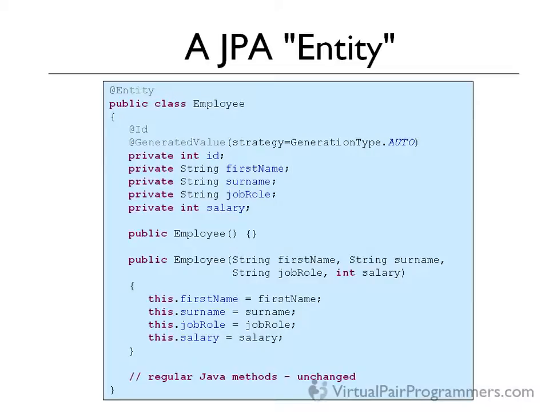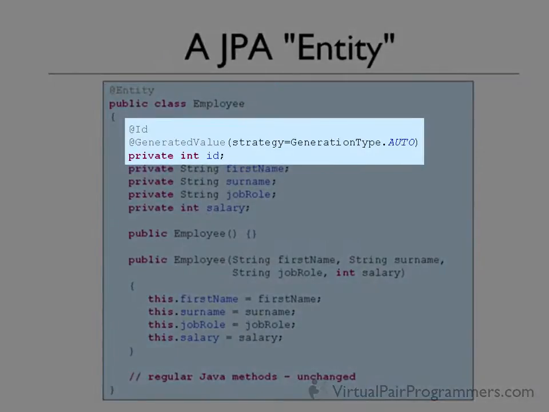And thirdly, perhaps this is the only slightly difficult thing that we need to do. We need to determine one field that JPA can use as an ID. This ID is used for JPA's housekeeping purposes, and it will usually reflect the primary key in the database.